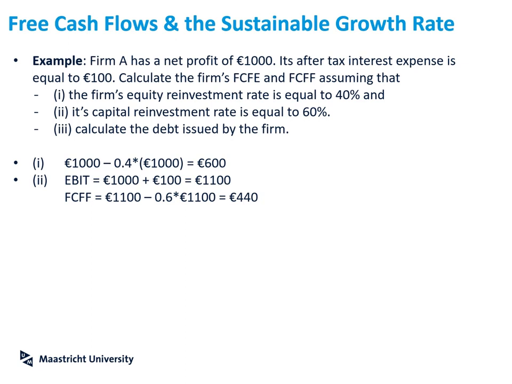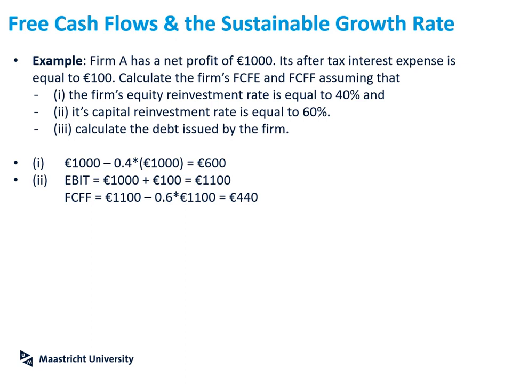So earnings before interest and tax are 1,100. Now the 1,100 becomes the starting point for the free cash flow to the firm calculation, where we subtract now 60% of the 1,100 because the 60% was our capital reinvestment rate. And that will give us a free cash flow to the firm of 440.